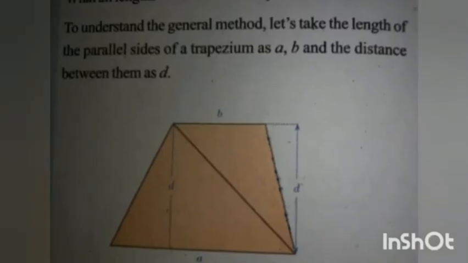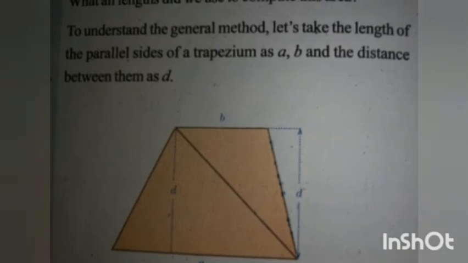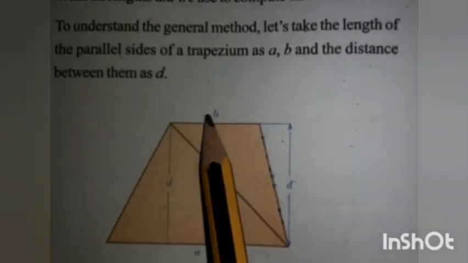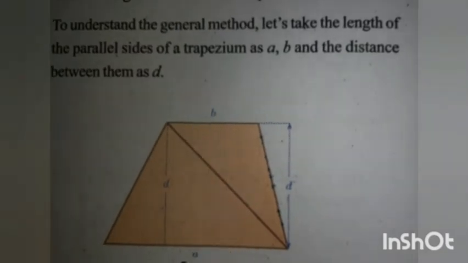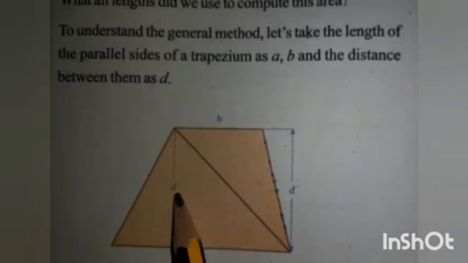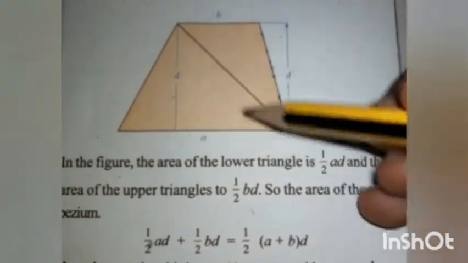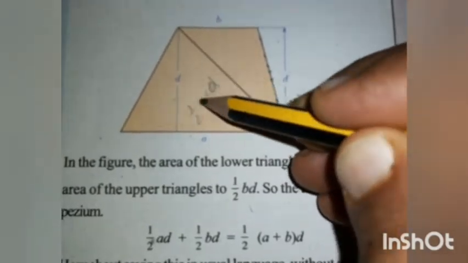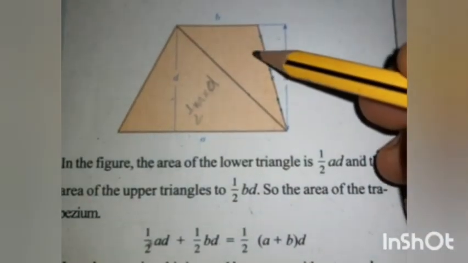To understand the general method, take the length of the parallel sides of the trapezium as A and B, and the distance between them is D. So what is the area of this lower triangle? That is half into A into D. Then what about the upper?